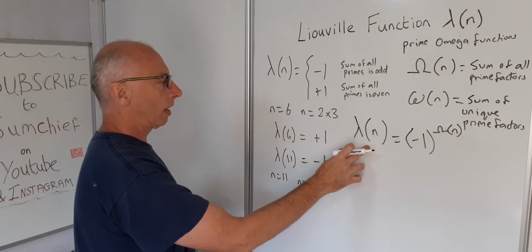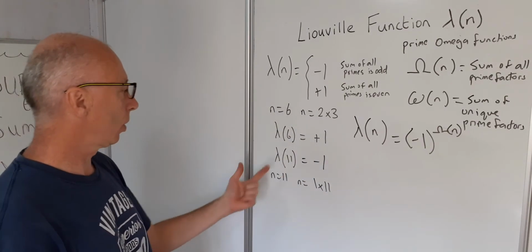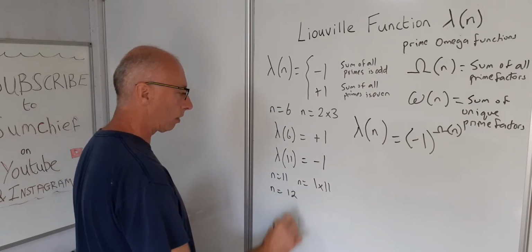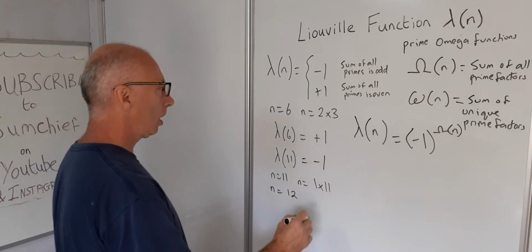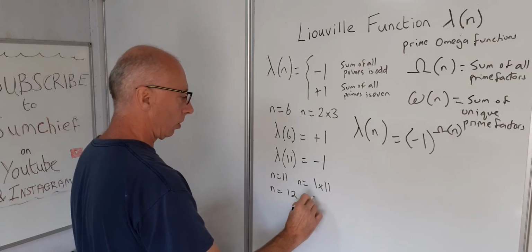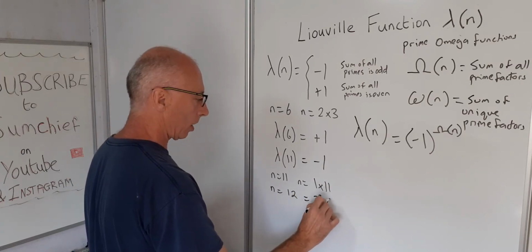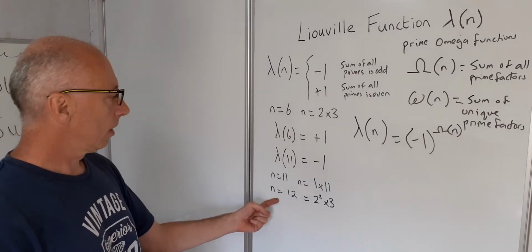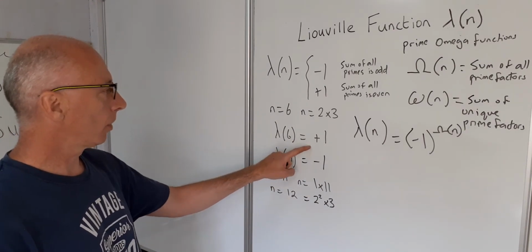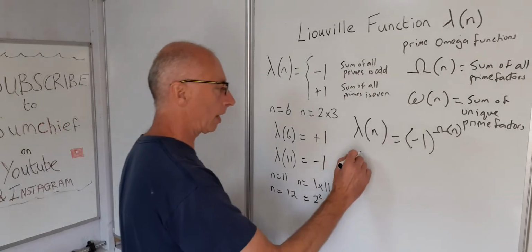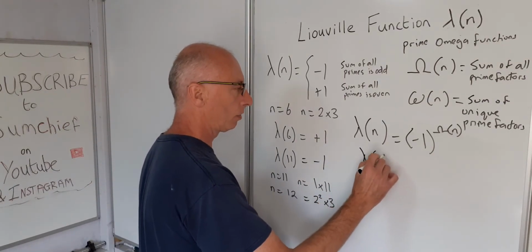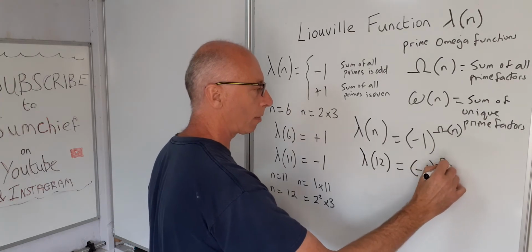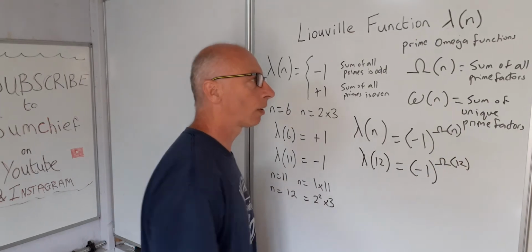So let's just have a look at this. Let's pick a different number now. Let's say n equals 12. So that equals 2 squared times 3. So the lambda function for 12 would equal minus 1 to the prime omega function of 12.